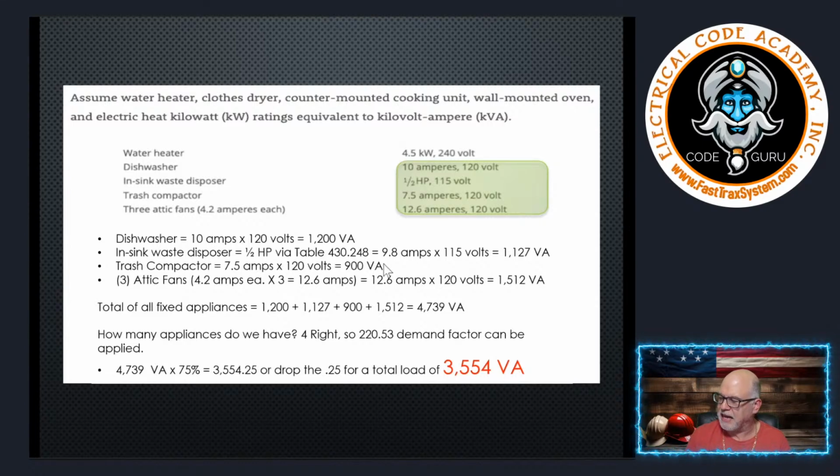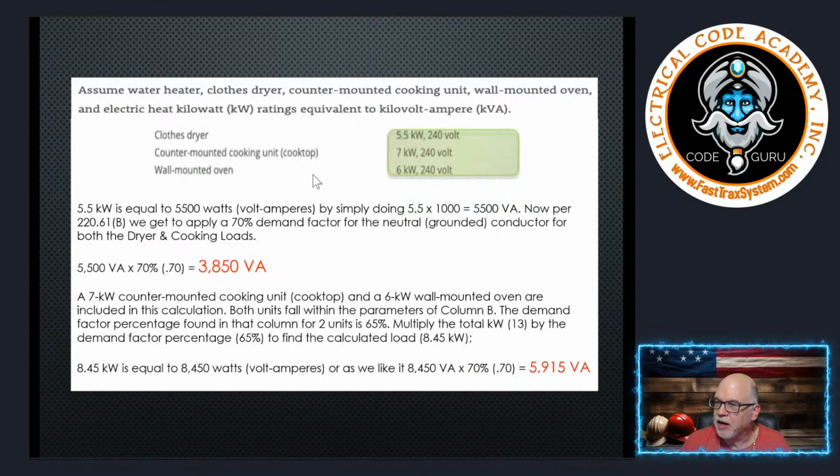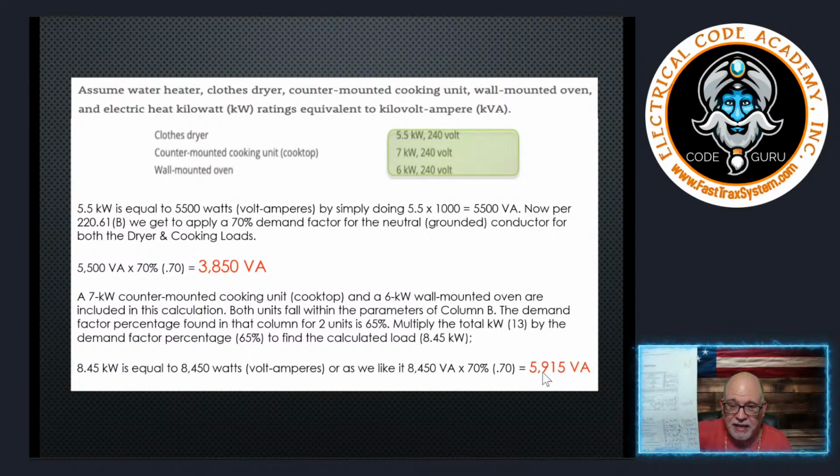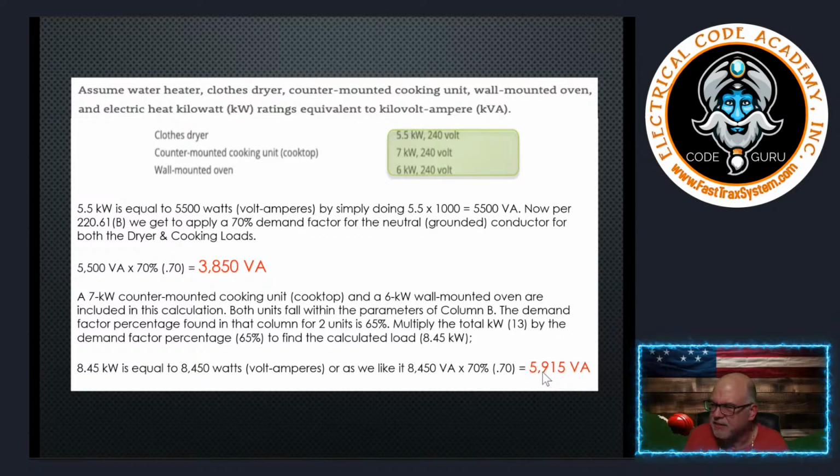There's that 3,554 that we got, check. See how we did the math? There's the clothes dryer and the cooking. All of those were done at 70% of their 5,500 and 8,450. That's how we got the 3,850 and the 5,915. That's what we have written down here. That's what we have right there. Check.